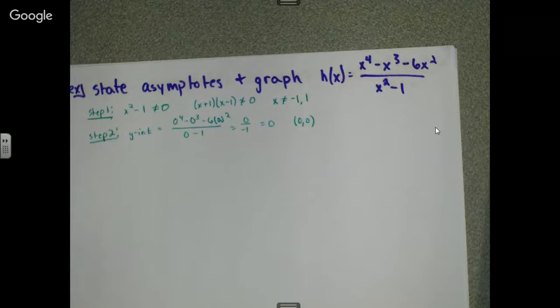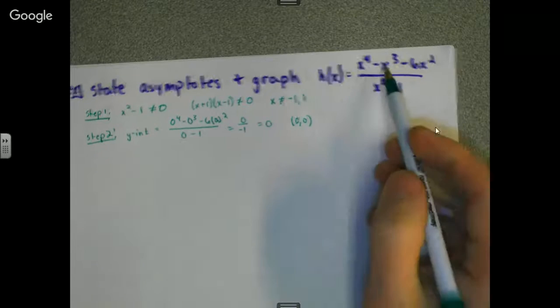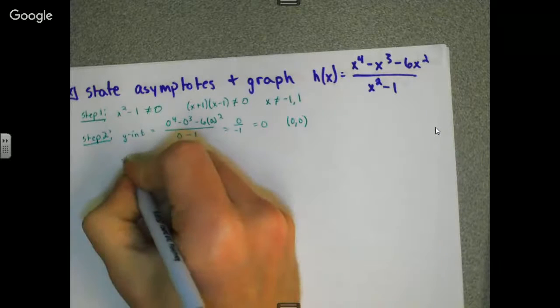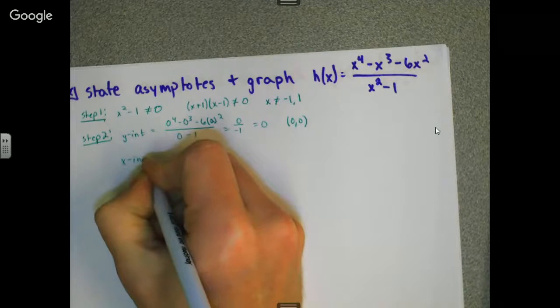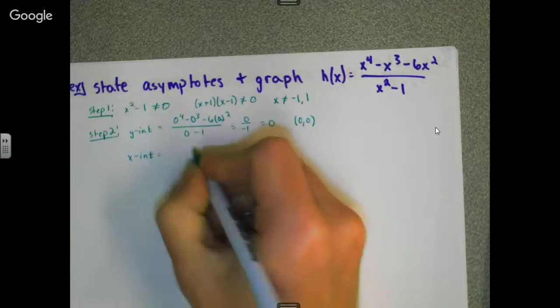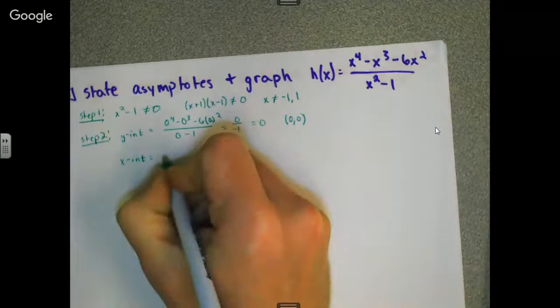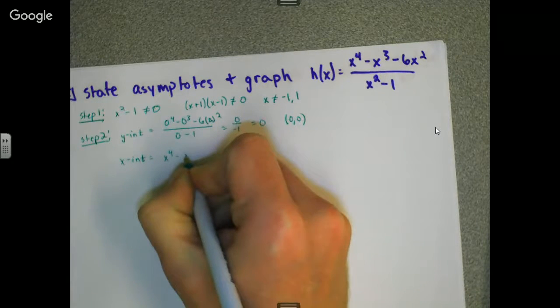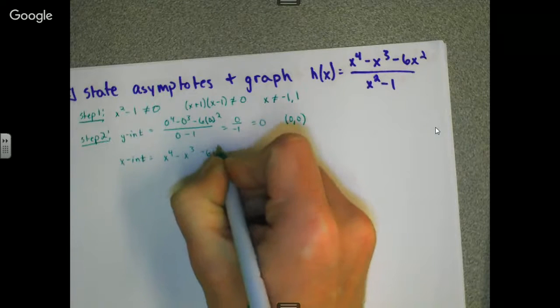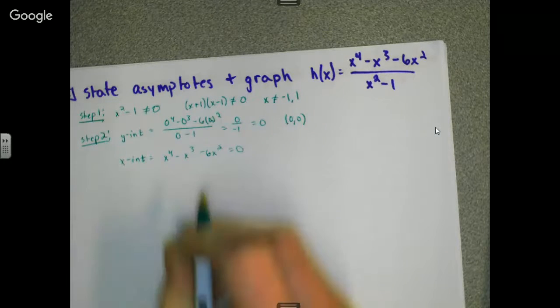And for our x-intercepts, we take the top equal to 0. So x to the 4th minus x to the 3rd minus 6x squared equals 0. So I got a greatest common factor there.